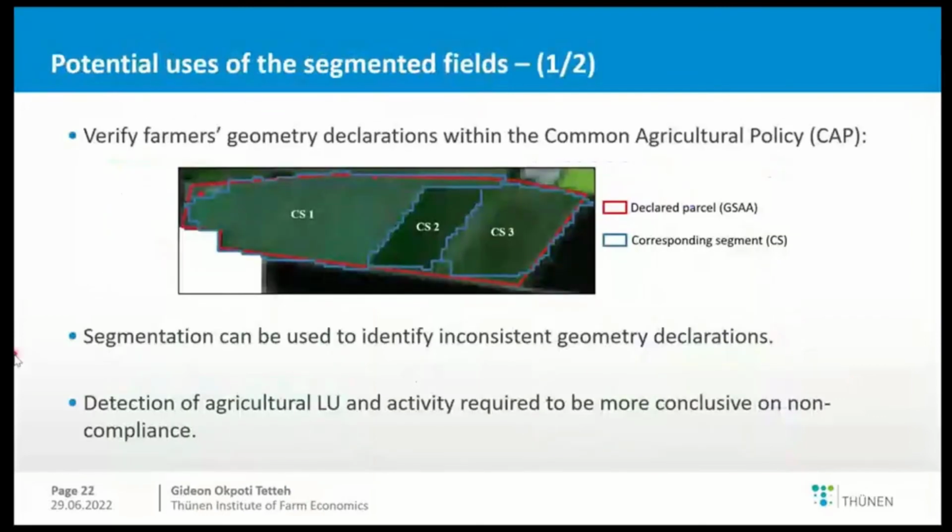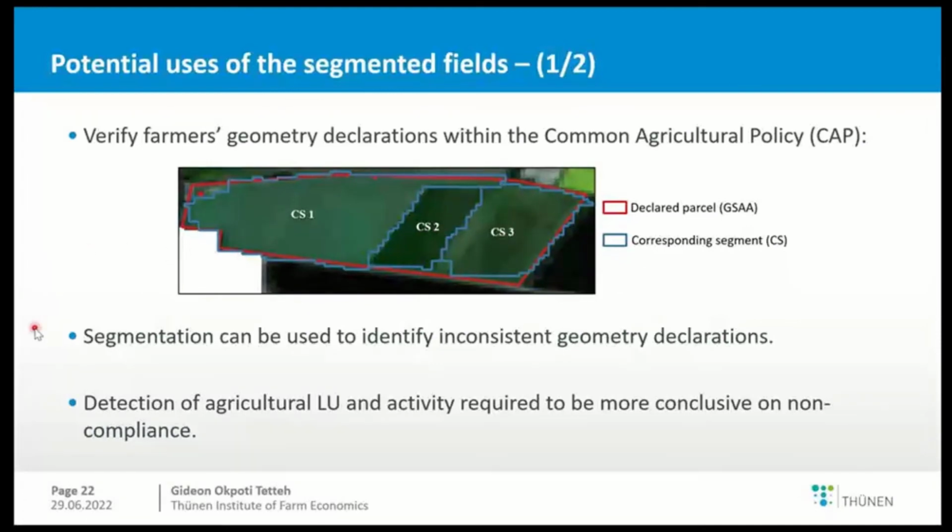So what are some of the potential uses of the segmentation? The first would be to verify the farmers' declarations within the CAP framework. For example, here is a declaration in a red outline by a farmer, but after segmentation, 3 different fields were created: CS1, CS2, and CS3.